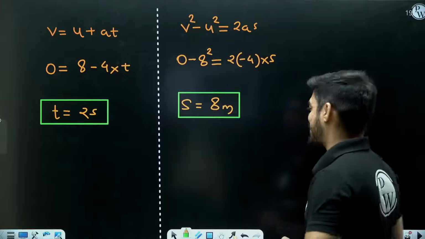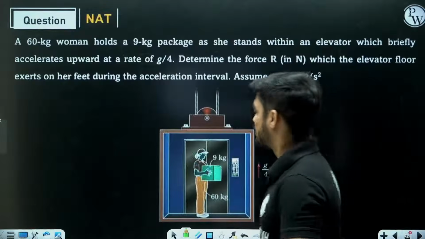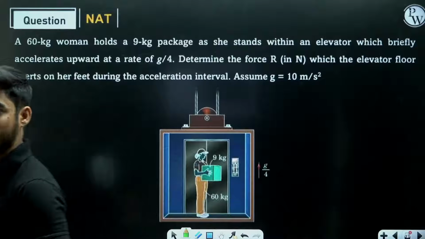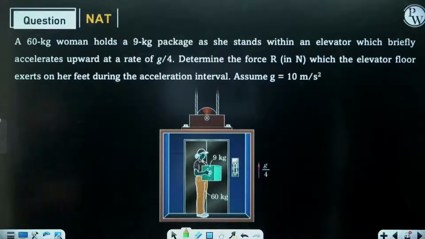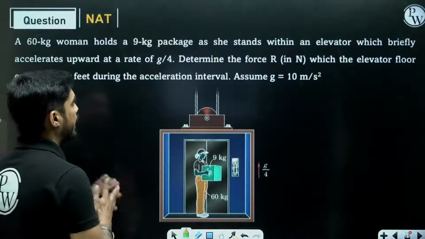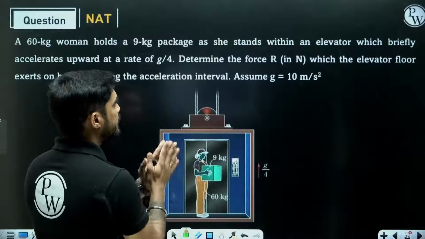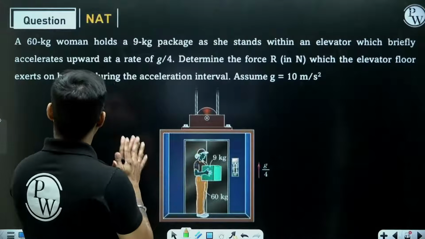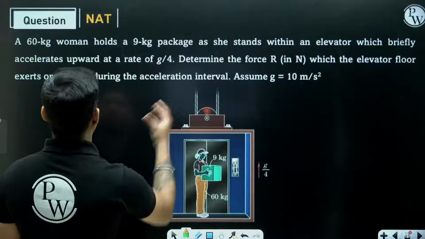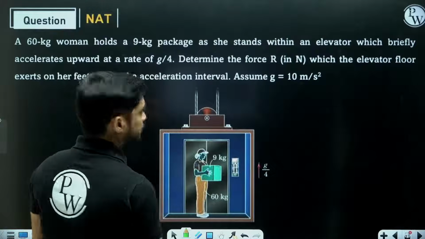Let's move on to the next question. Now this is an NAT question, a very interesting question. A 60 kg woman holds a 9 kg package as she stands within an elevator which briefly accelerates upward at a rate of g/4.